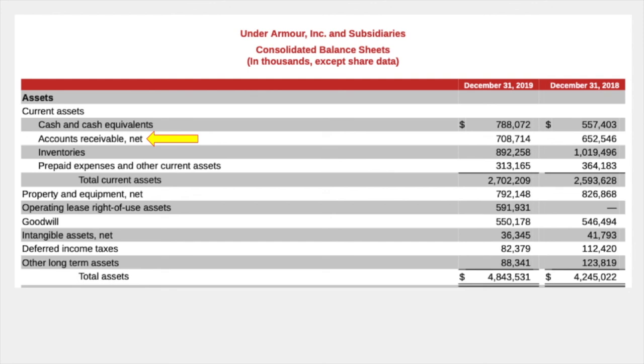So what does that mean? Well, that seems like a pretty significant amount, but we'd have to compare it to their past estimates. We'd have to compare it to other companies to really make a value judgment on that number. So we're looking at this just to show an example of how accounting for accounts receivable is done in real life.